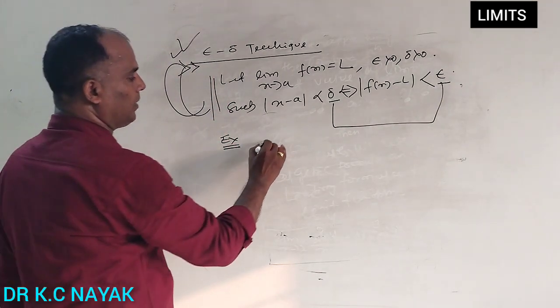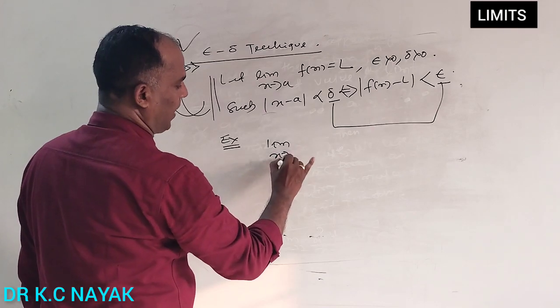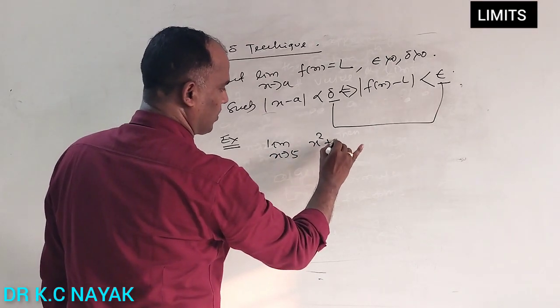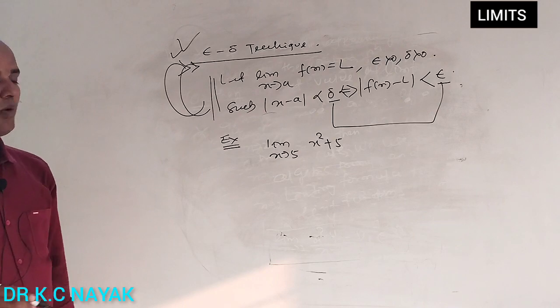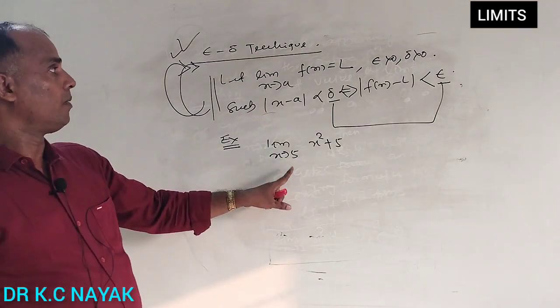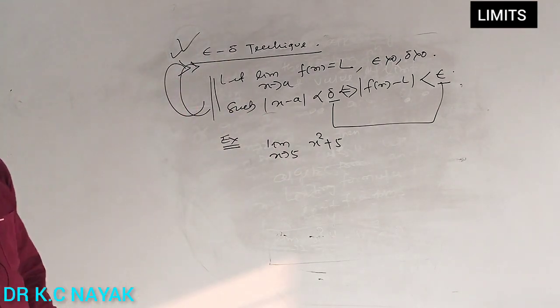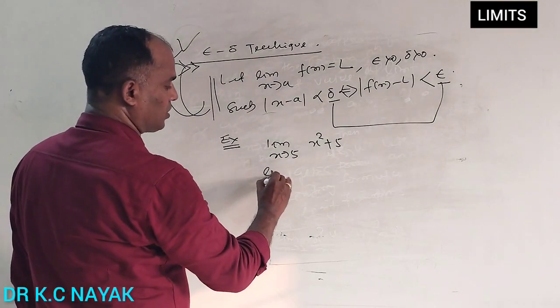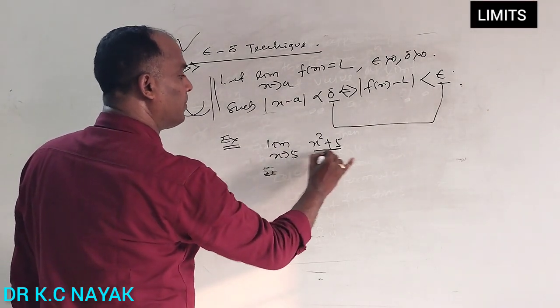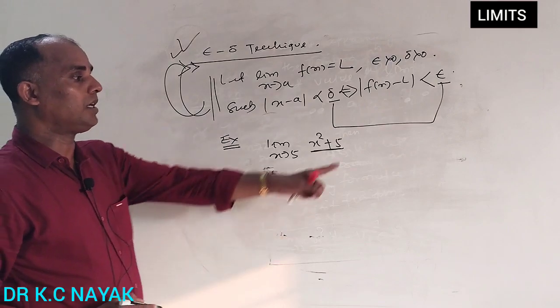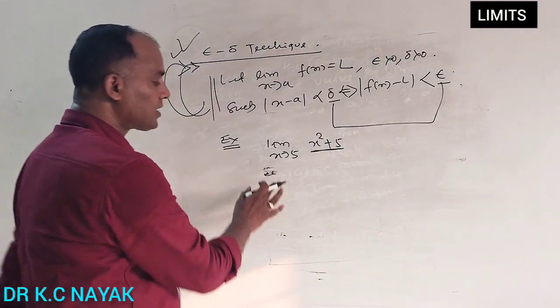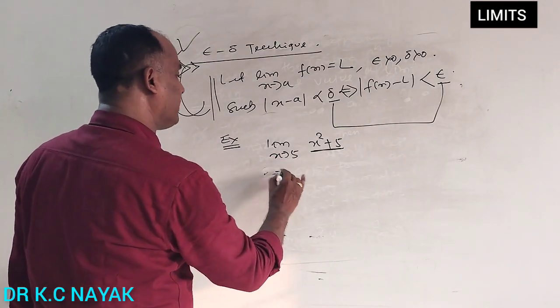For example, limit as x tends to 5 of x square plus 5. Now I want to determine this value by using the epsilon delta technique. First, the limiting function is defined, but the limiting value is not here. First, our duty is finding the limiting value. How?